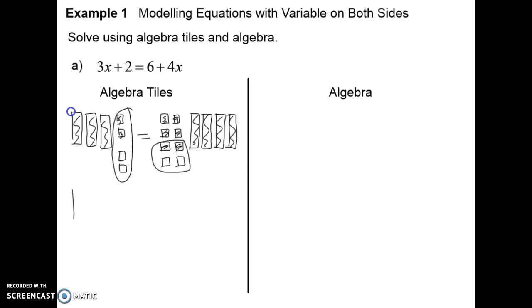So then we have 3x tiles here. And that's going to be equal to 4 ones and 4x.